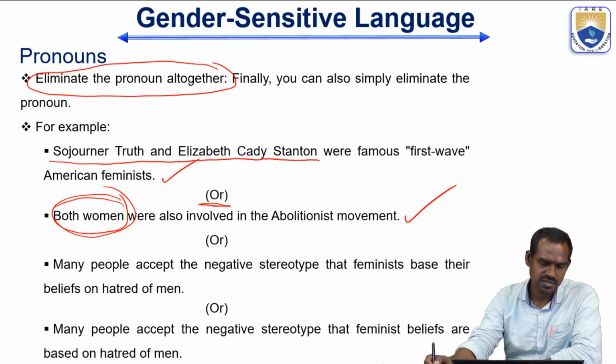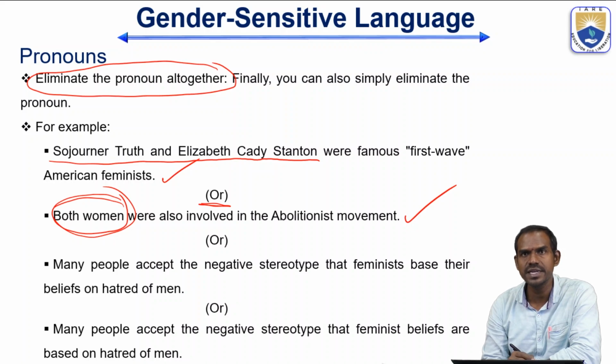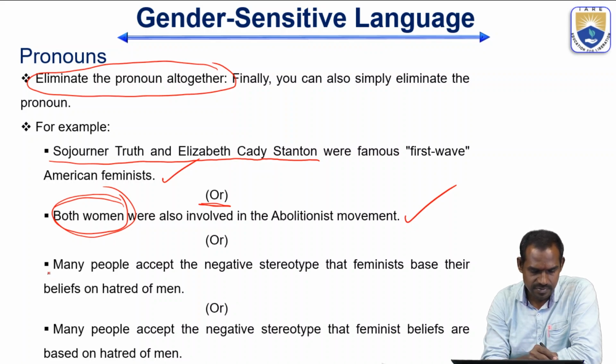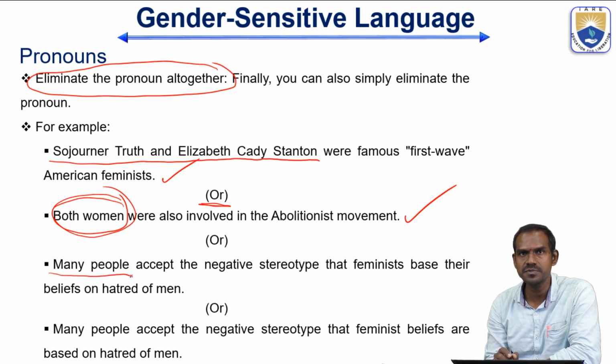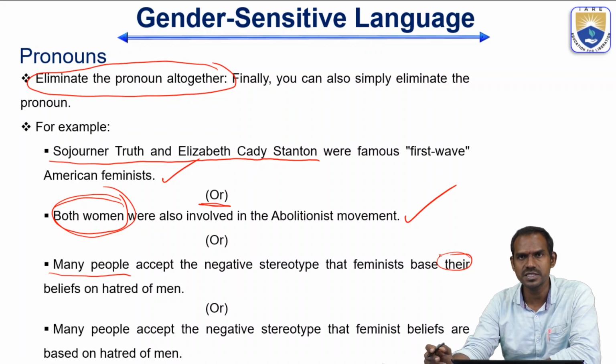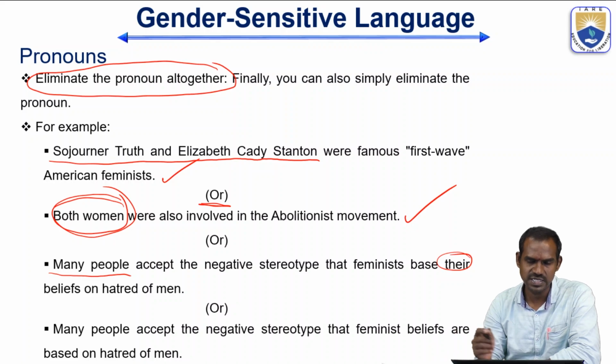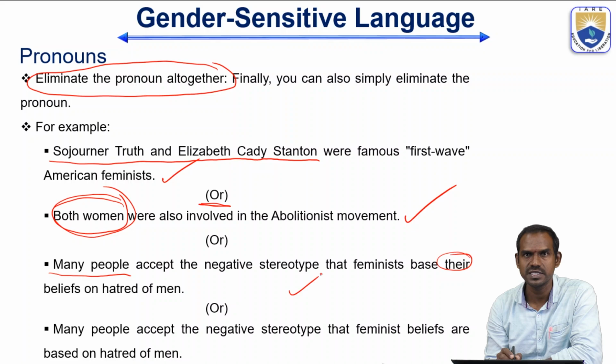And one more instance: many people accept the negative stereotype that feminists base their beliefs on hatred of men. So here "their" is used. Instead of using "their," you need not use any pronoun, as I have told just now, right? So let's see how to eliminate the pronoun altogether for this same sentence.